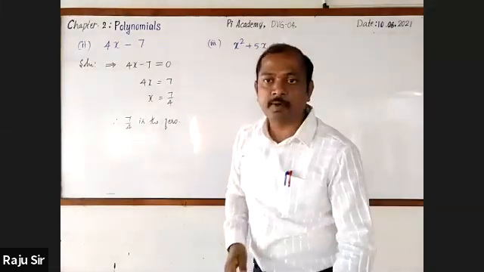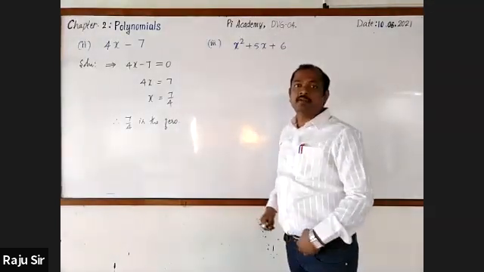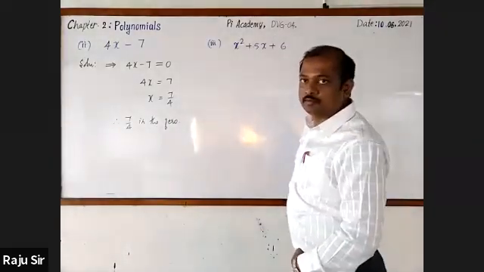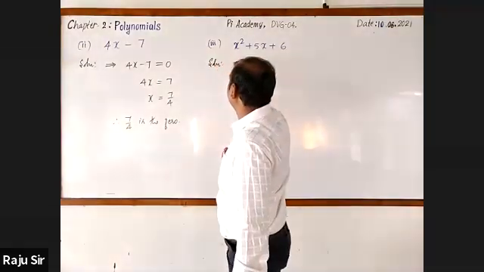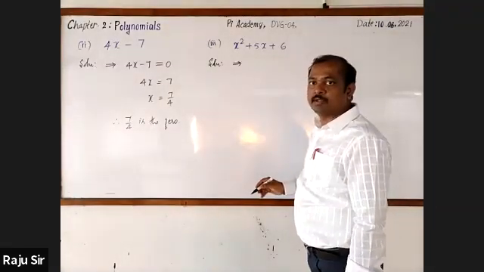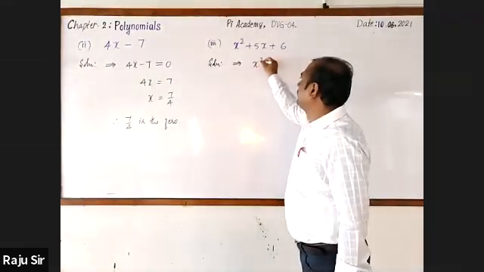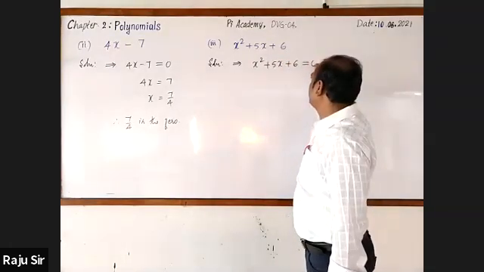This is the given polynomial. Let us go for finding its zero. To find the zero, it should be equated to 0. x square plus 5x plus 6 equal to 0.